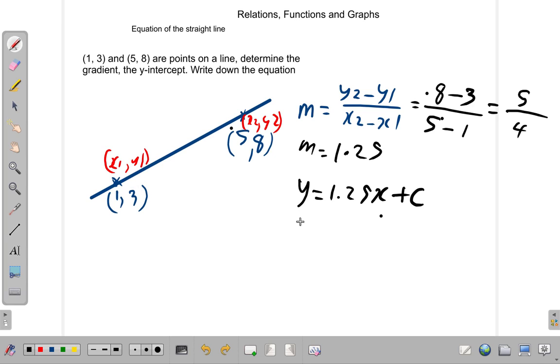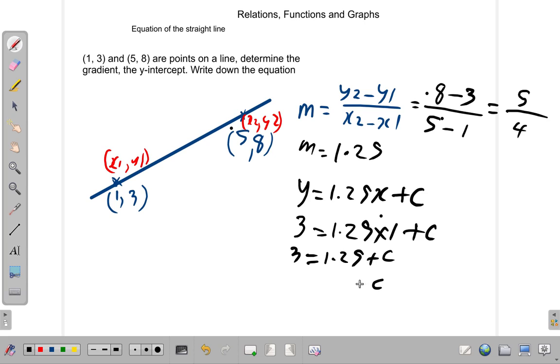So let's do that. We want to find c. 3 equals 1.25 times 1 plus c. So this becomes 3 equals 1.25 plus c.